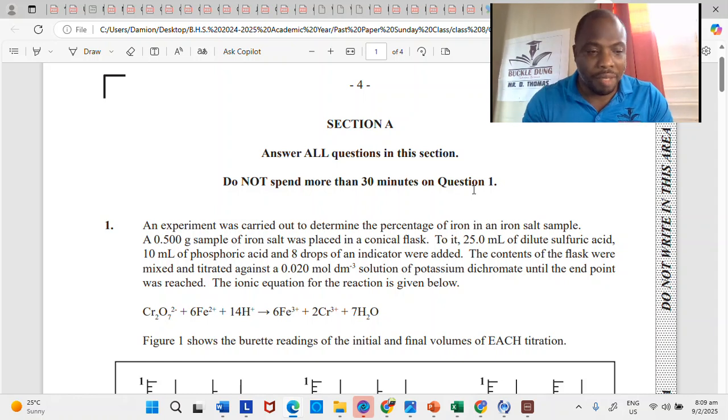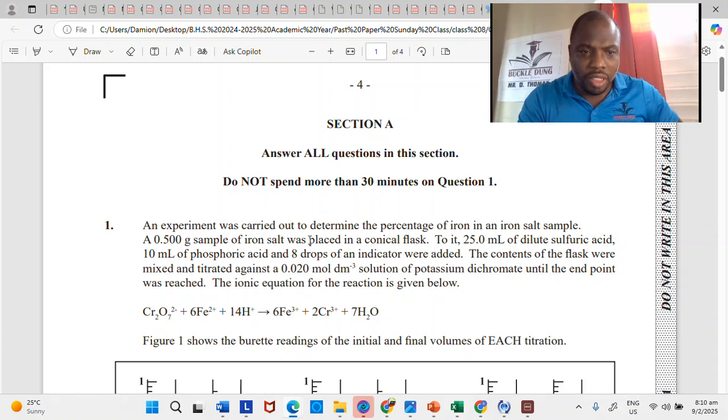In the exam you have your watch, and normally they have a clock on the wall, and when you see that 30 minutes pass, you just proceed to the next question, and then you come back to this question if you have the time. Time management is very critical when you're doing an exam. Practice, note the time, and just use it wisely.